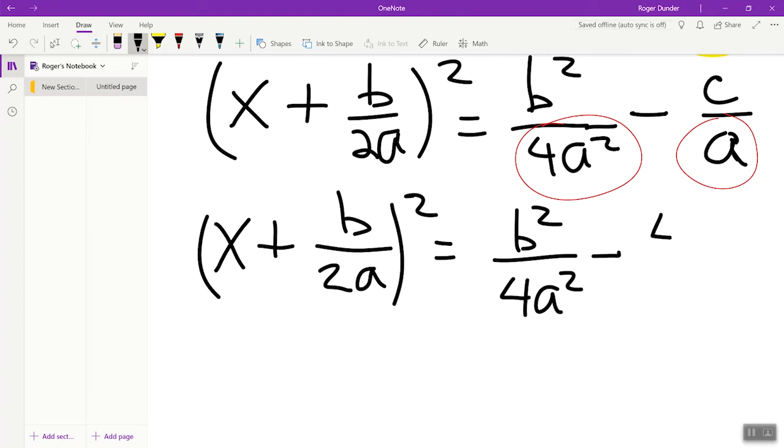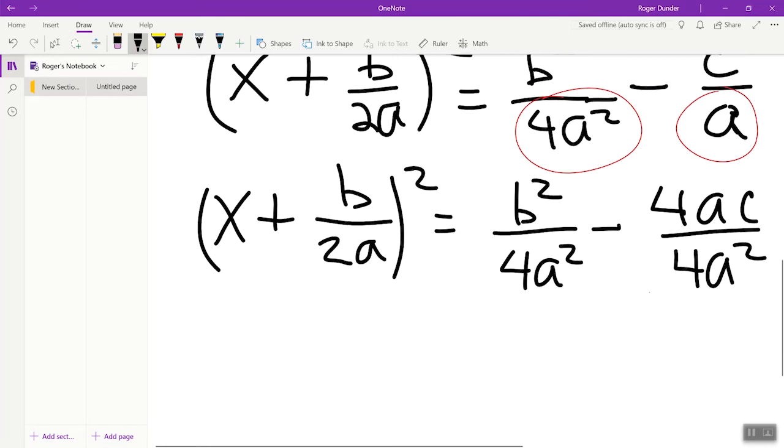So this will be 4a times c over 4a squared. So now we have a common denominator on the right.